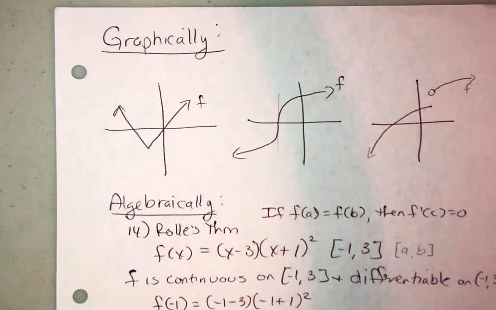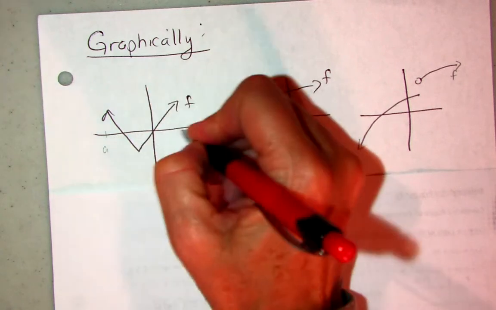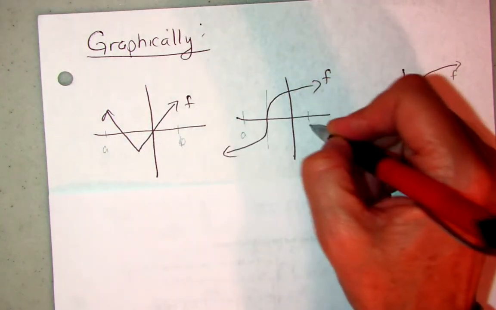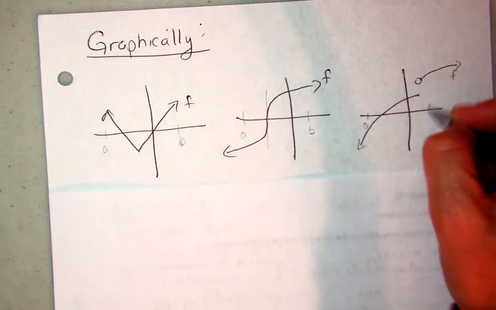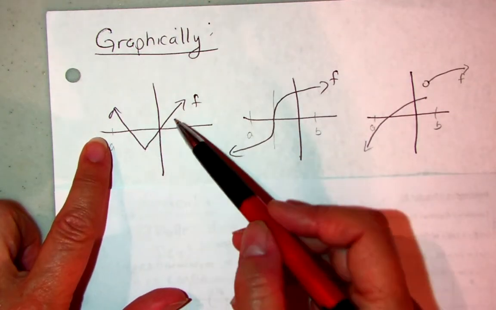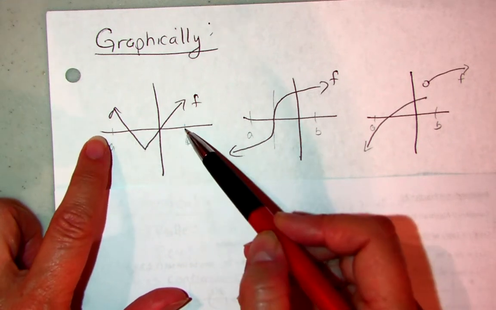So let's take a look and see how we might use this. In fact, let's look at a couple of graph examples. So if I have A and B, and A and B and A and B. So from A to B, it is clearly continuous on the closed interval, but on the open interval, it's not differentiable.